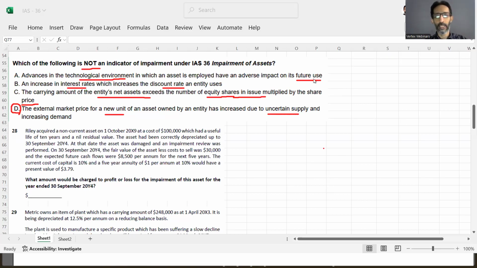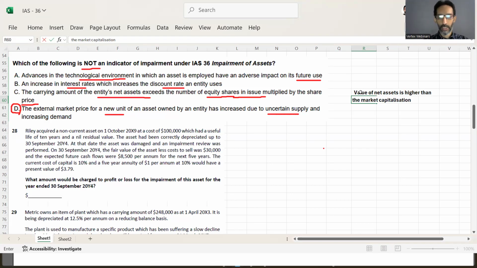So they say that the value of net assets is higher. Higher than what? Higher than the market capitalization, which is the number of shares multiplied by the share price.